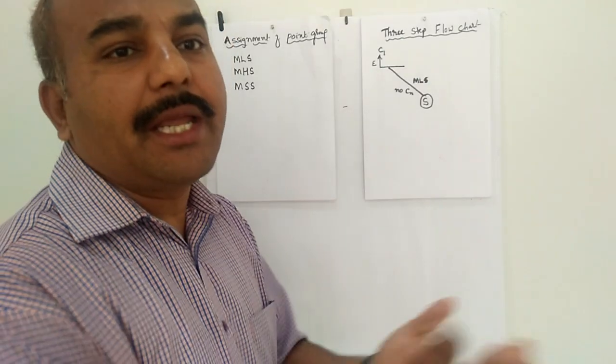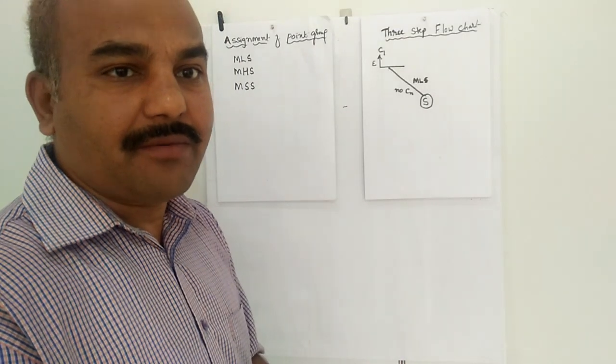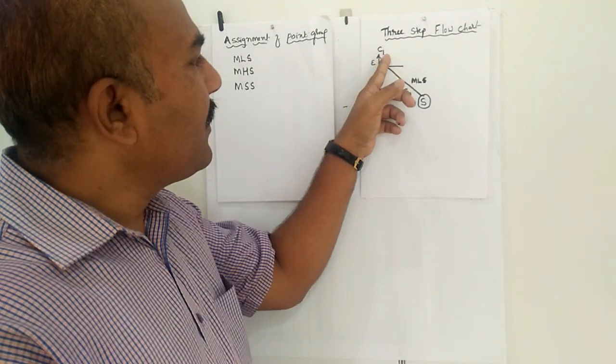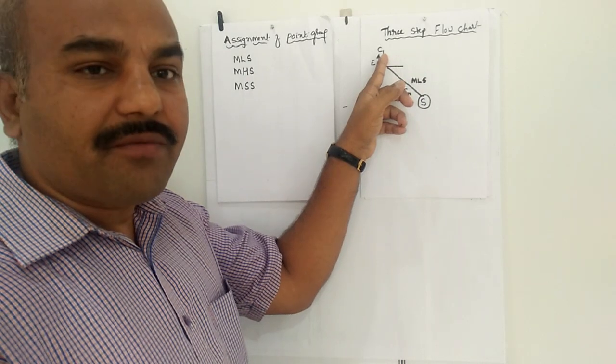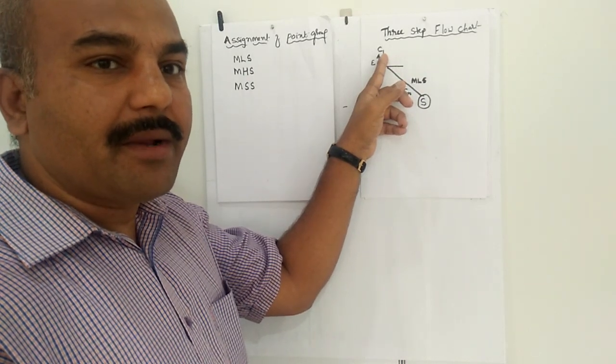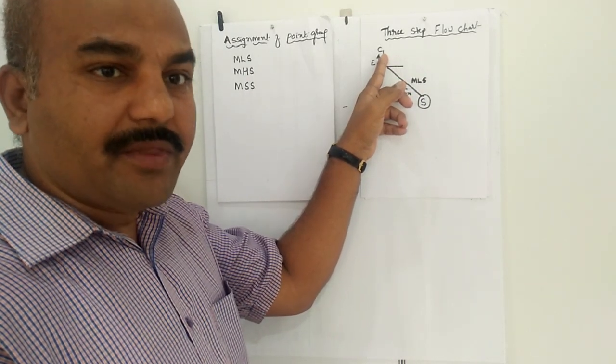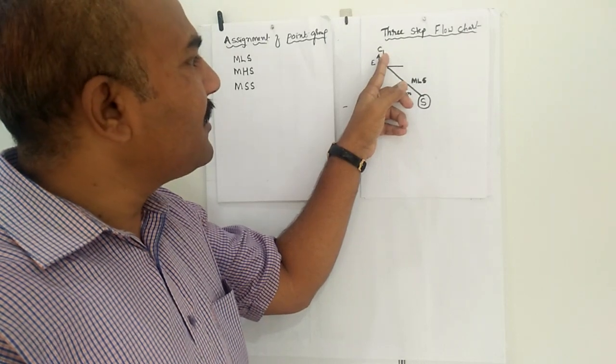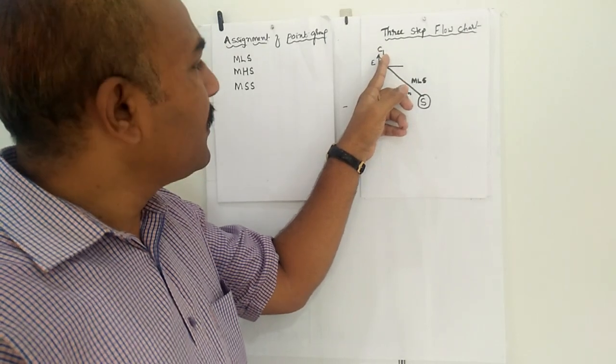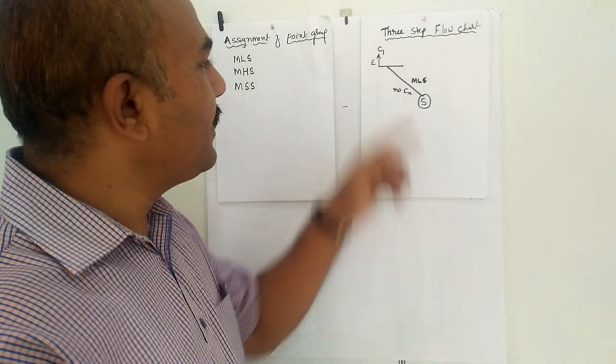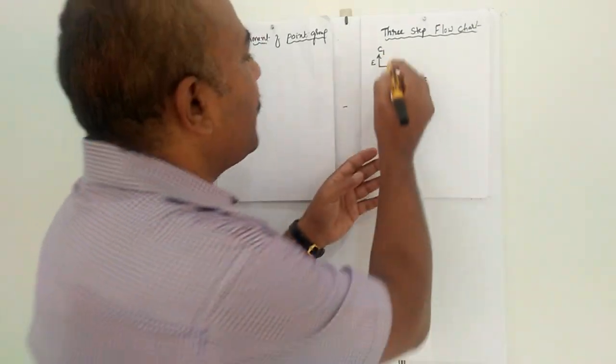The order of the rotational axis n is determined by 360 degrees by theta, where theta is the angle of rotation. 360 by 360 is equal to 1. So it contains only the identity element, hence it is a C1 point group.